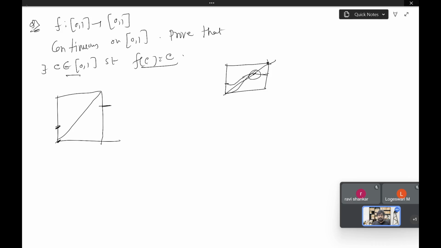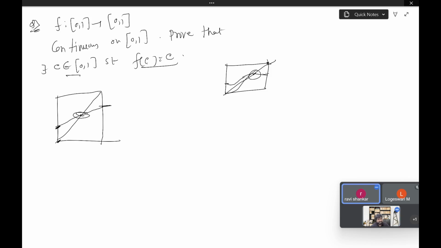So then if you try to join, obviously this has to cut, right? It's intuitively clear, it should cut, correct? Yes, sir. Understand?